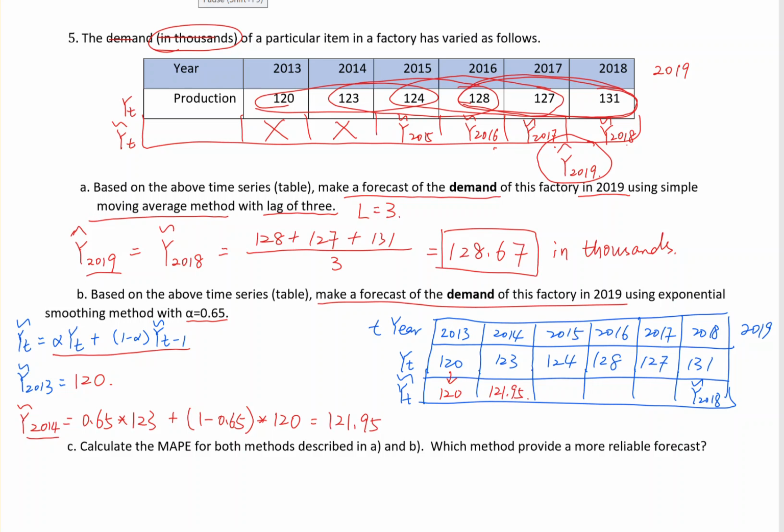All right, so continue. Next, let's work on the estimated value of 2015. By the formula, it will be 0.65 times the current value, which is 124, plus 0.35 times the previous estimated value, which is 121.95. If you calculate this, you have 123.28.